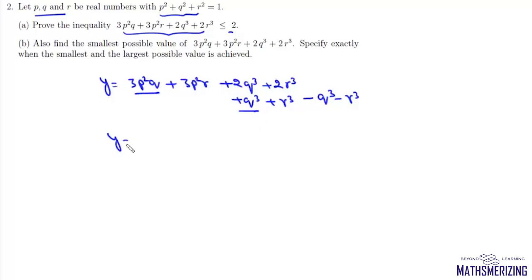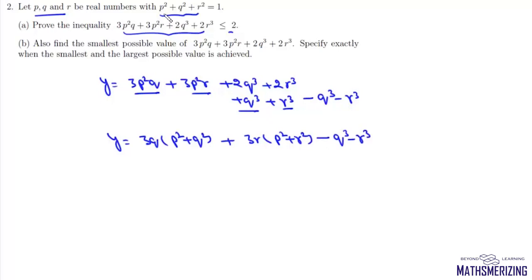We can write 3q into p square plus q square, and here we'll take 3r common, will be p square plus r square, minus q cube minus r cube.